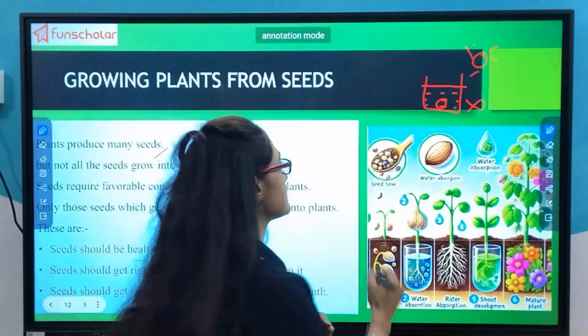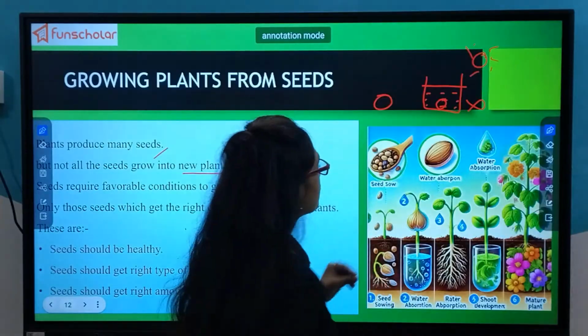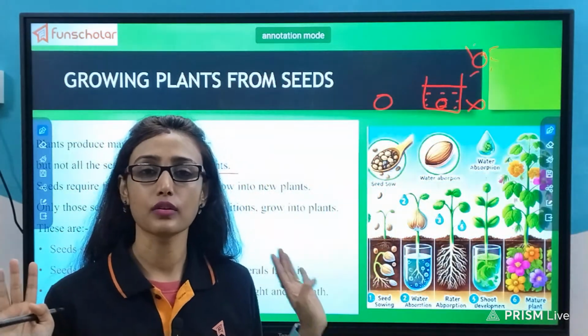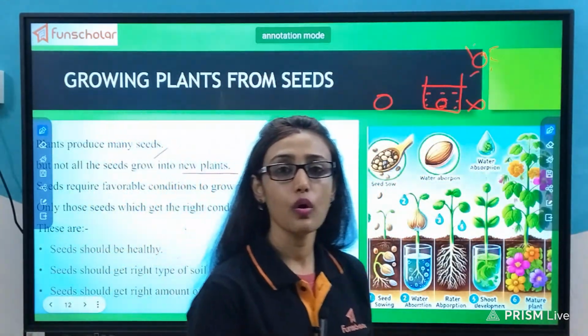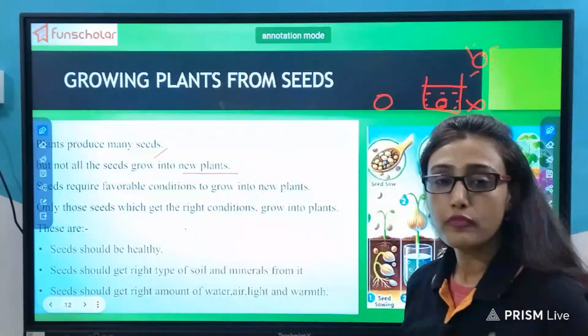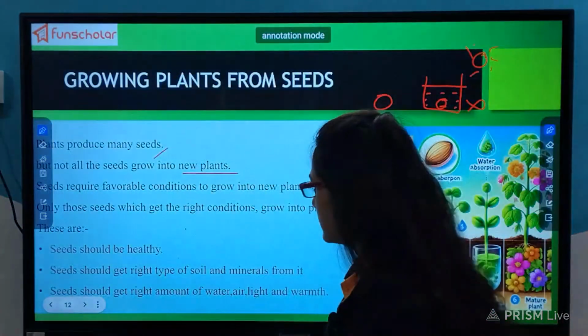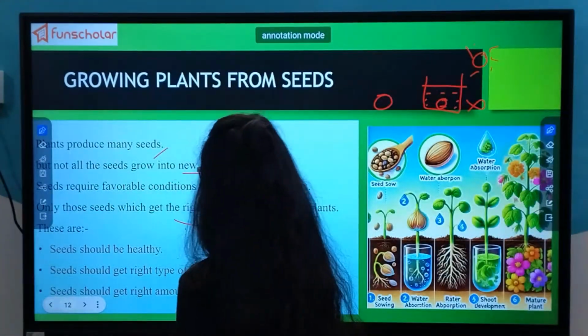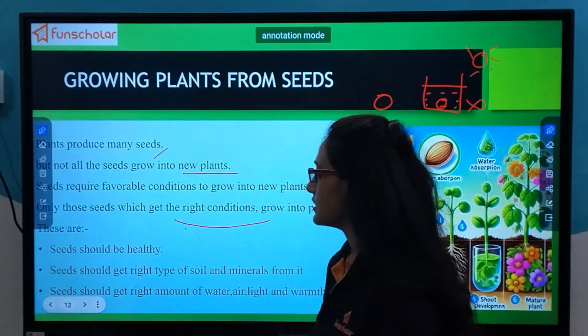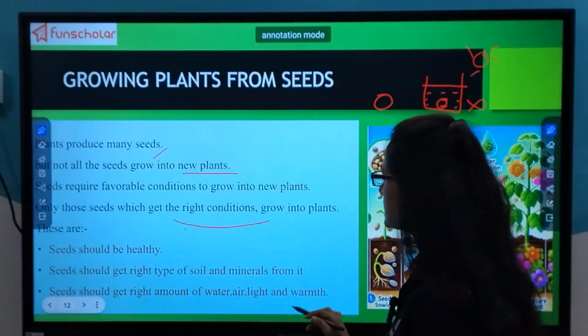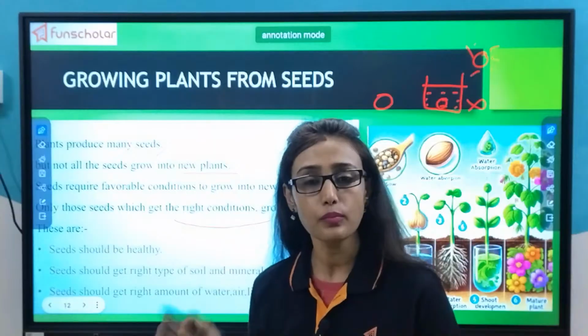Suppose you keep the seed open in the air for years, it will never grow into a plant. So for a seed to grow into a plant, there are some right conditions. Only those seeds which get the right conditions grow into a new plant.